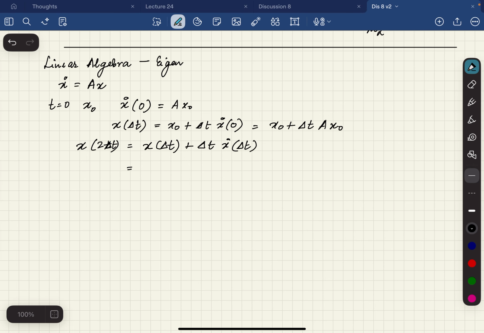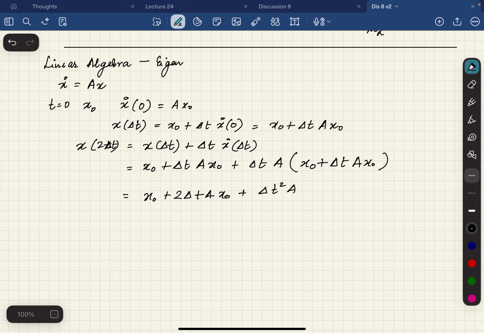So x at delta t was already x naught plus delta t A x naught, and then you would multiply this with A, and what happens? We get x naught plus 2 delta t A x naught plus delta t square A square x naught.